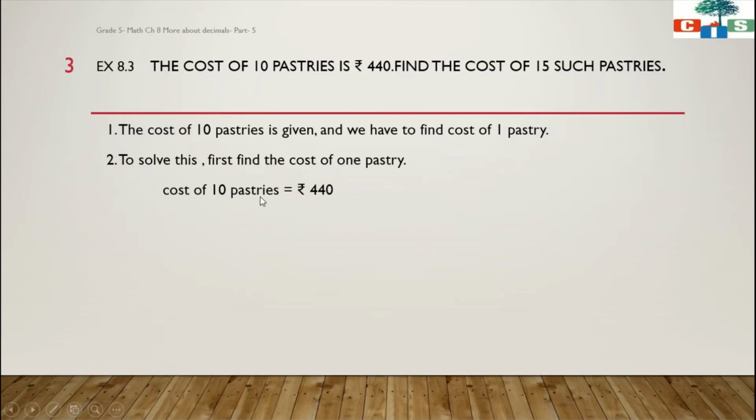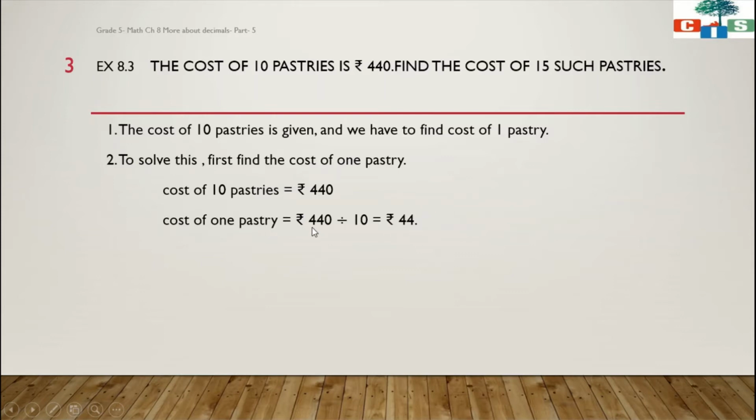Cost of 10 pastries is equal to rupees 440, right? Now we have to find the cost of 1 pastry, which is equal to 440 divided by 10. When we divide 440 by 10, we will get the cost of 1 pastry. So after division, we will get the answer as 44.